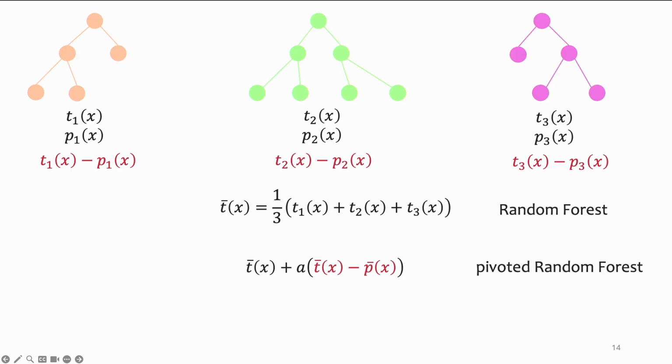So for the forest, we expect to see similar results. We want to know: will the pivoted random forest perform better than the standard one? The spoiler is yes.